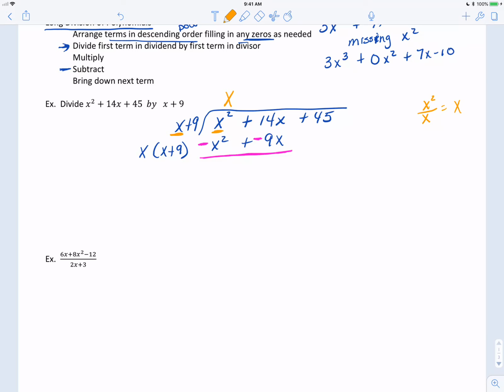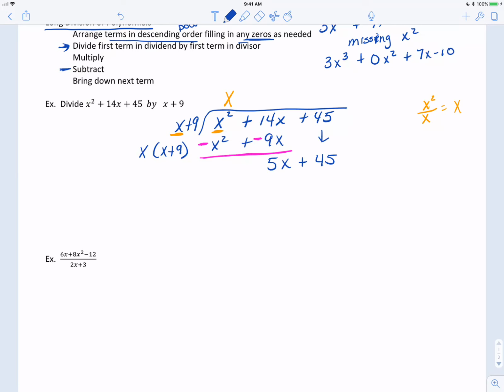Okay, so then that should always create that first term should be 0. So notice our x squared minus the x squared gives us 0x squared. So then we're just stuck with this 14x and a negative 9x, which gives us 5x. And then we bring down the next term, plus 45.